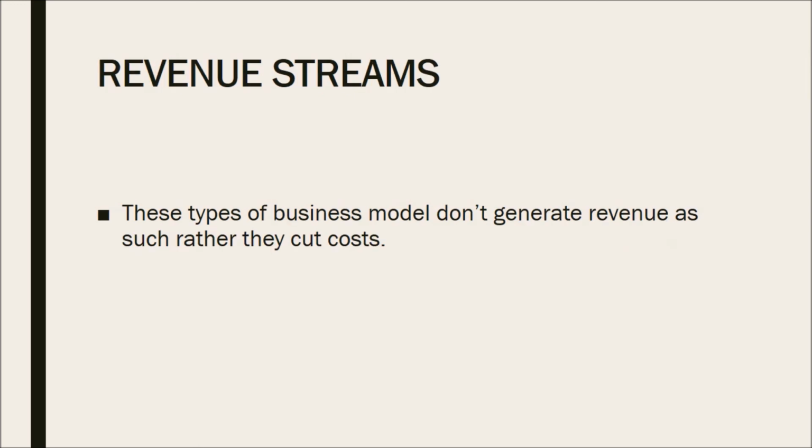So my last element is revenue streams. How will I make revenue from this business model? See, this type of business model doesn't generate revenue as such. Rather, it cuts the costs, because now the wastage of food does not only show us how much food is wasted.